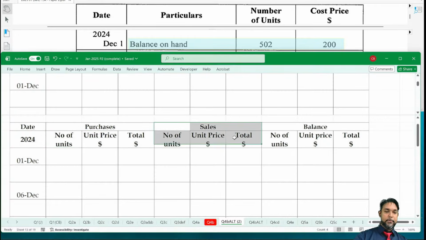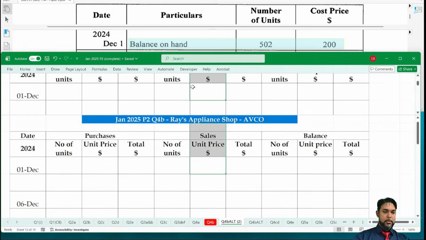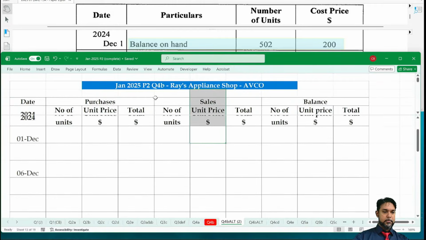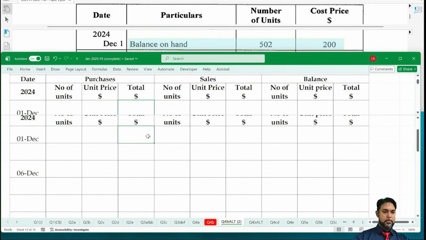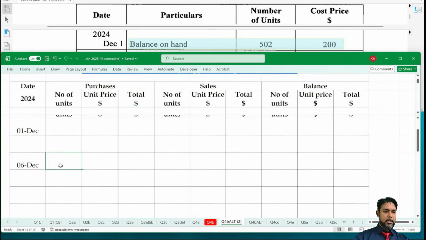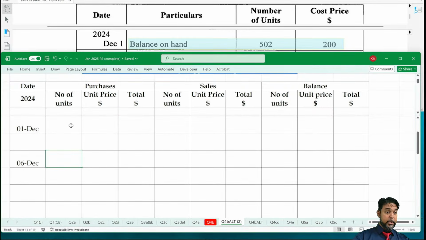Then you have the outflows or the issues: number of units, unit price, total. And then the balance.